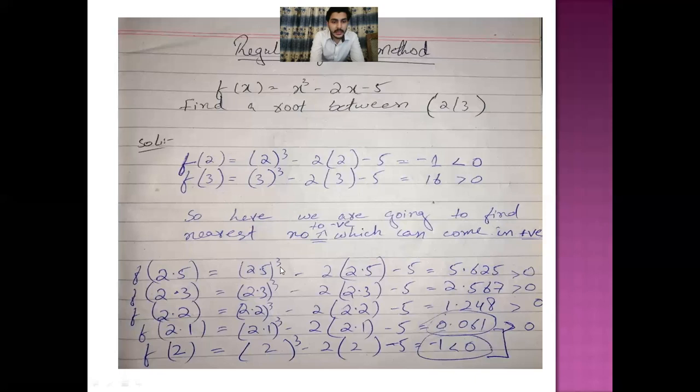But we have to find the nearest number to negative, so I have also solved 2.3 q minus 2 in formula. We have to put these points.